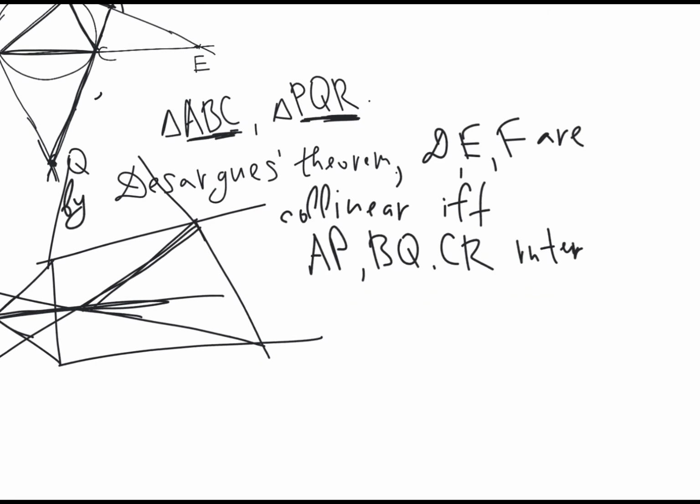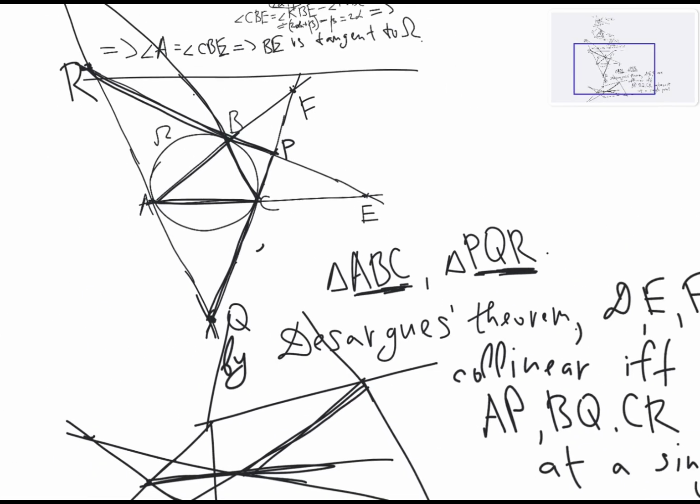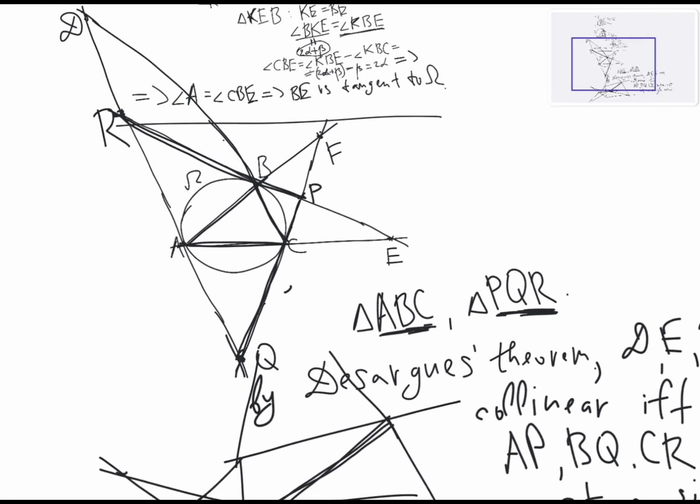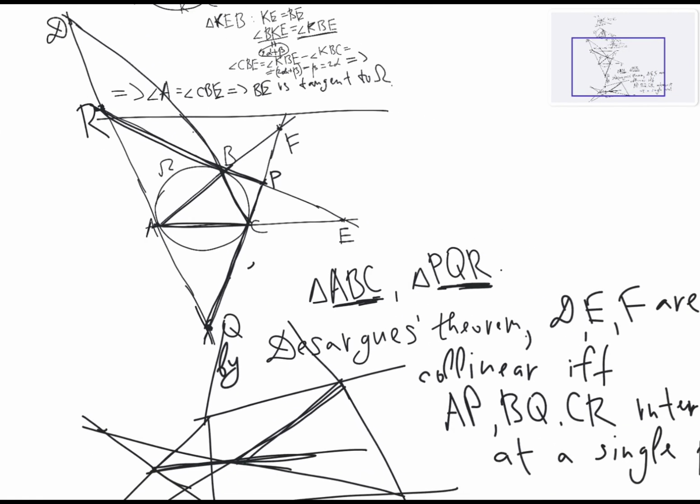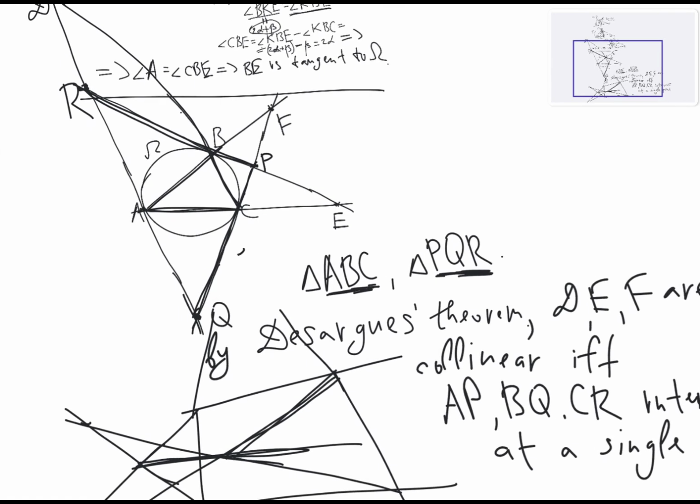Okay, so what are the lines? The lines AP, BQ, and RC, let's draw them in another color.